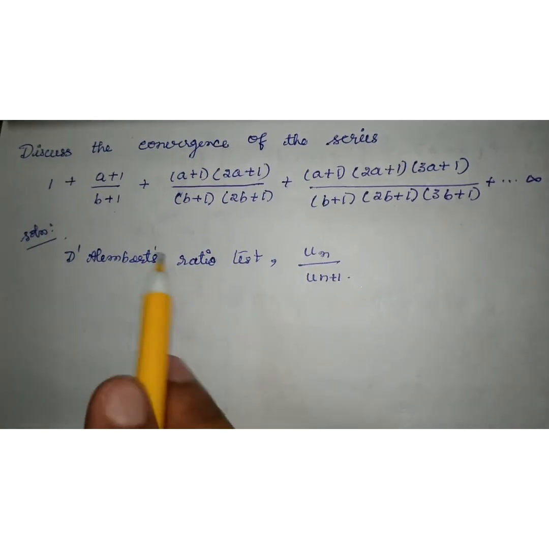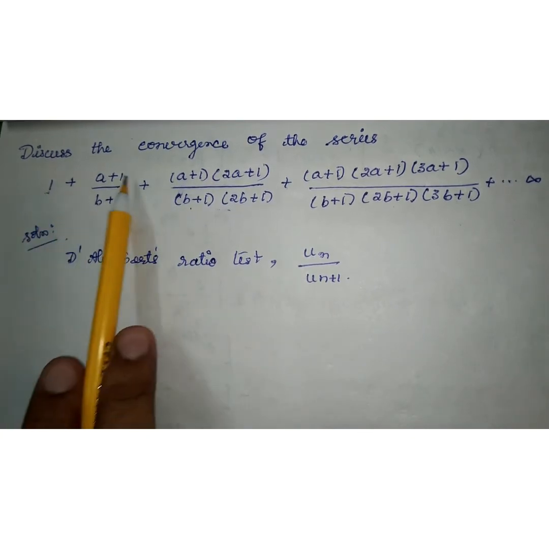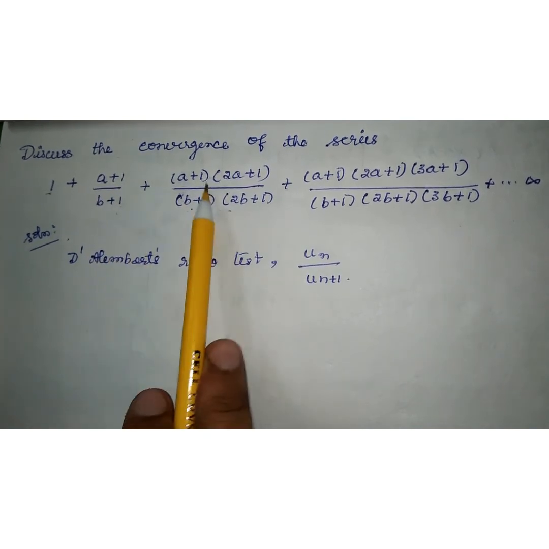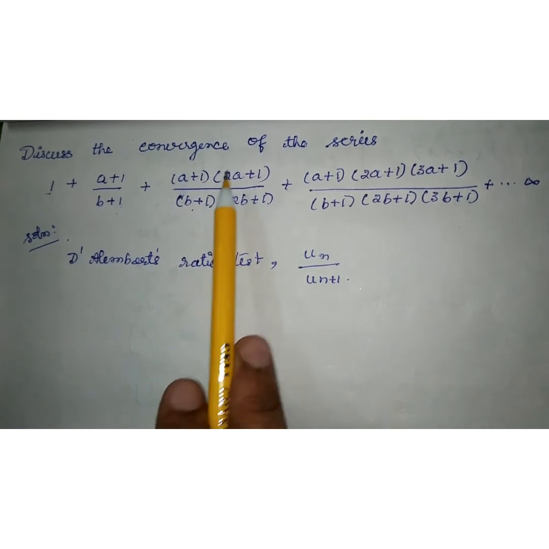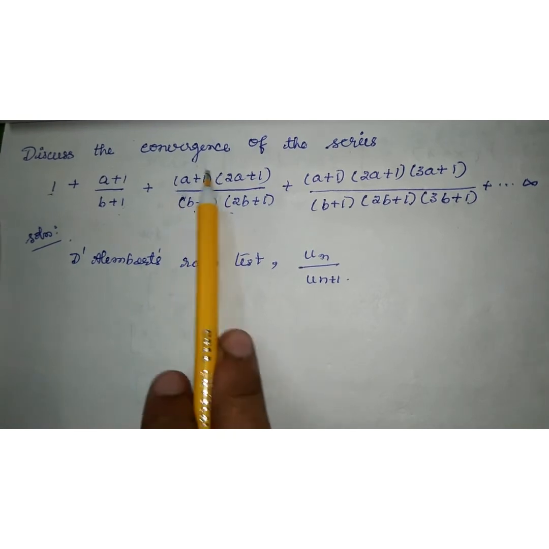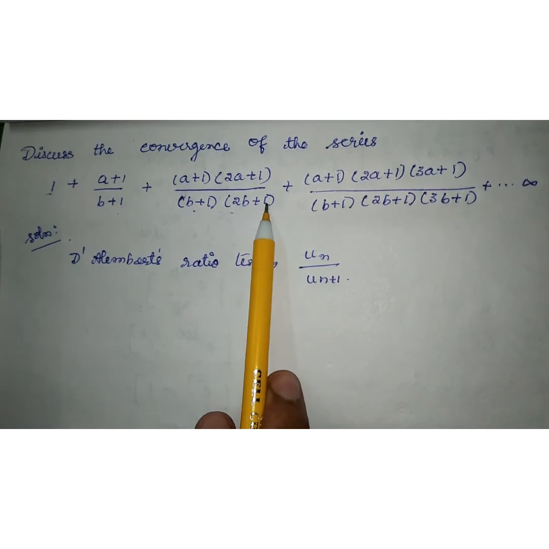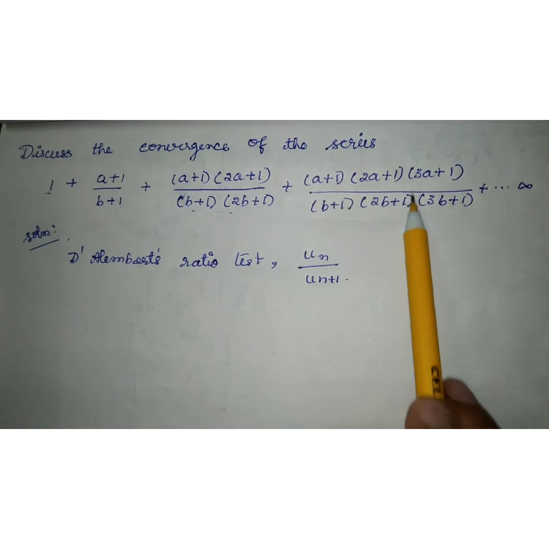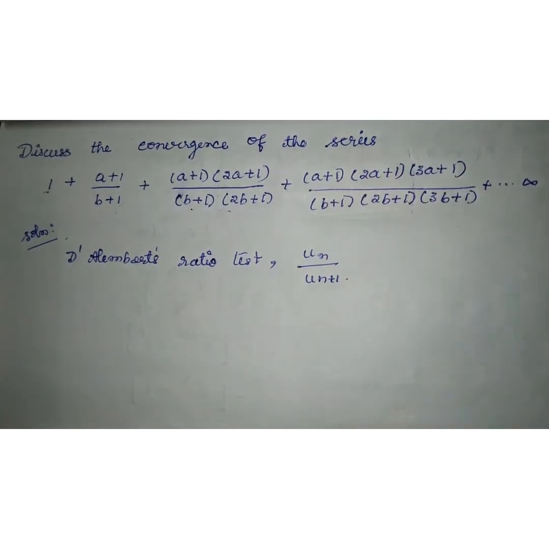So now let us observe the terms in the series. Let us neglect the first term. The second term is (a plus 1)/(b plus 1), and the third term is (a plus 1)/(b plus 1) into (2a plus 1)/(2b plus 1), nothing but the second term into (2a plus 1)/(2b plus 1). Similarly the fourth term is the third term into (3a plus 1)/(3b plus 1).